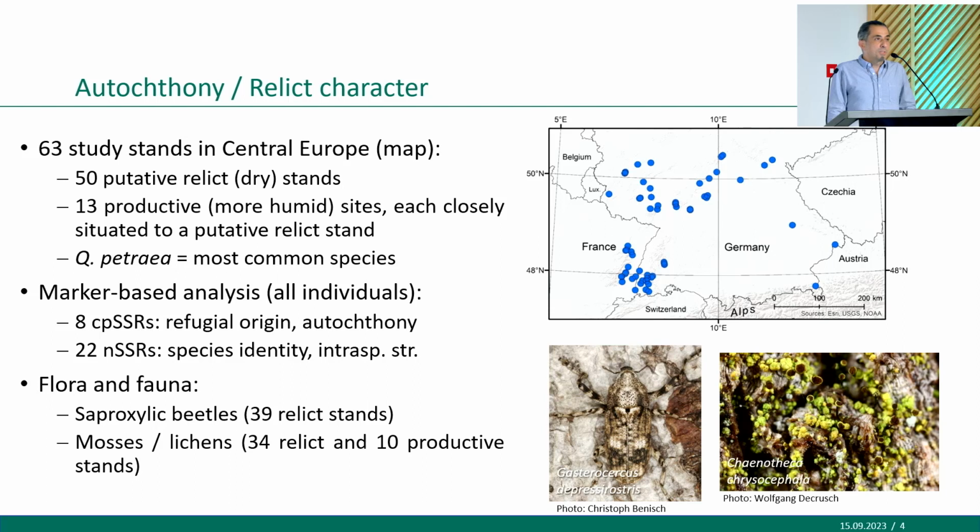The study of indicator species of flora and fauna was restricted to 39 relict stands for the saproxylic beetles, and 34 relict and 10 productive stands for mosses and lichens, but I'm going to skip this.